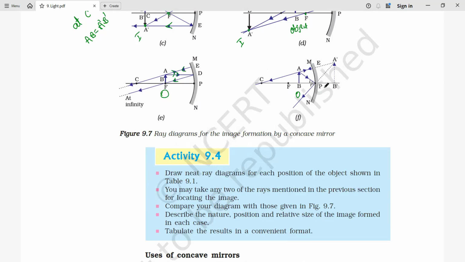When it is projected at the back of the mirror, it appears to meet at a point. That's why it is behind the mirror, which is virtual, and the image is above the principal axis, so it is erect. Below the principal axis means inverted; above means erect. The image is large. This condition is exceptional in the case of a concave mirror.